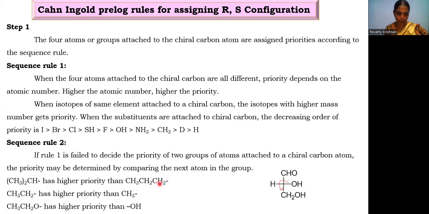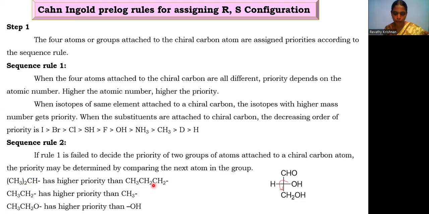This is the propyl group. This carbon is attached to the chiral carbon. This is the isopropyl group, and this is the carbon attached to the chiral carbon. Both groups have carbon as the attached atom, so we have to assign the priority according to the next atoms. In isopropyl, the carbon attached to the chiral carbon has one hydrogen and two methyl groups.